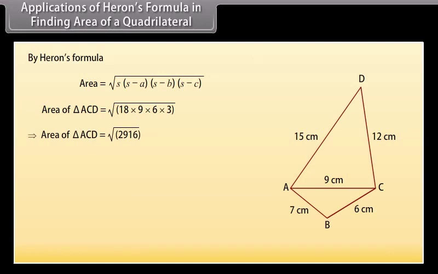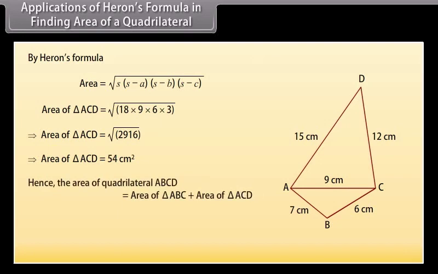By solving it, we get area of triangle ACD is 54 centimeters square. Hence, the area of quadrilateral ABCD is equal to area of triangle ABC plus area of triangle ACD, which is 20.98 plus 54. Therefore, area of the quadrilateral is equal to 74.98 centimeters square.